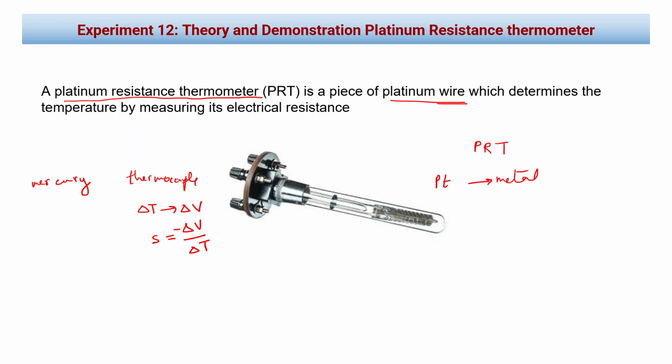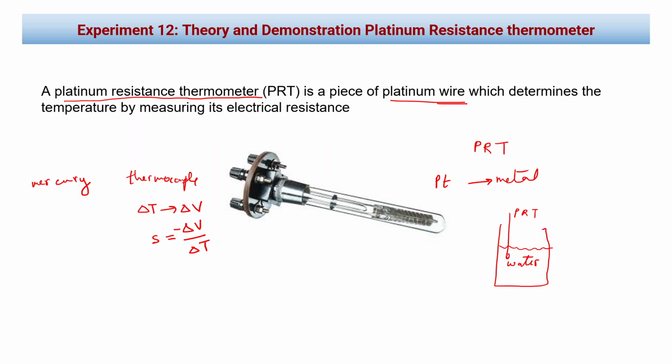Inside this is actually platinum. We'll understand this in detail next time, but ultimately what I want to tell you is that the coil of platinum wire is here, and when we keep this tube inside any kind of material, say some water here, and I don't know at what temperature it is, I keep this PRT inside. It has some electrical connections actually.